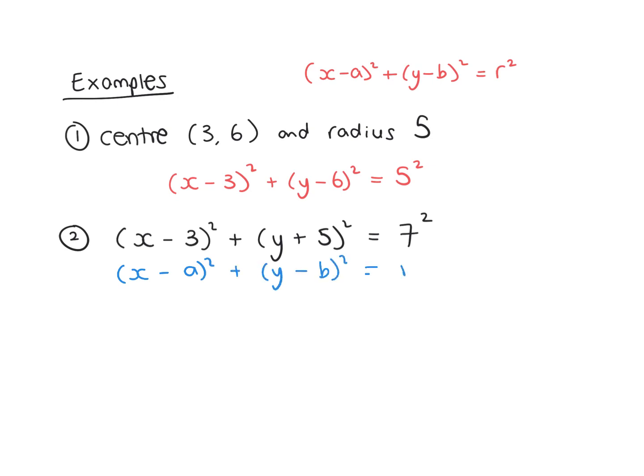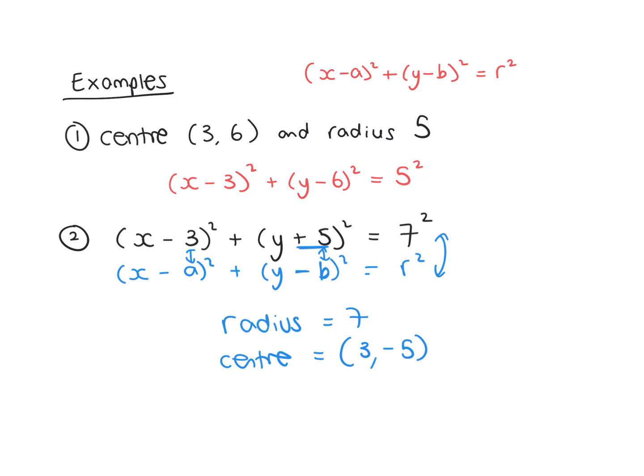The radius is easy by just comparing these, so the radius is simply 7. And the centre is that a, b value. Here it's really obvious, a is 3. Be careful with the b here. This is minus b, but I've got in here plus 5. So the b value is minus 5, because we've got that negative in there.